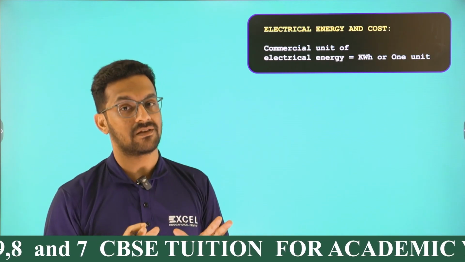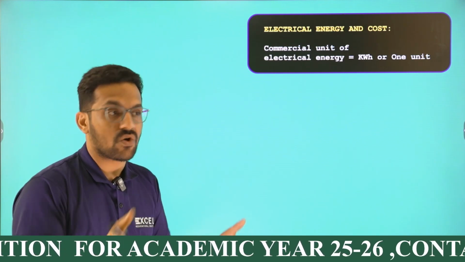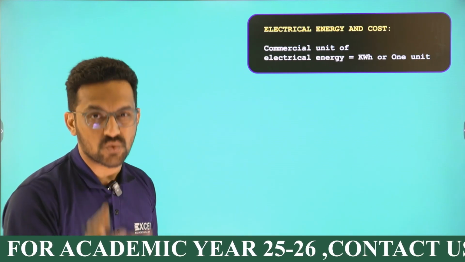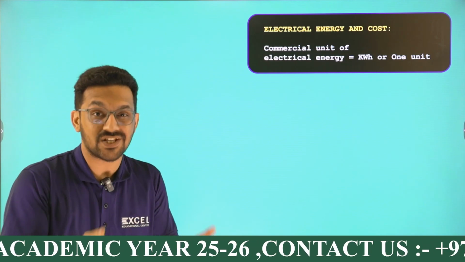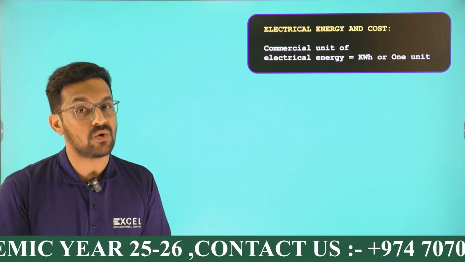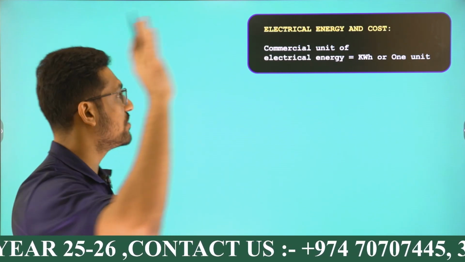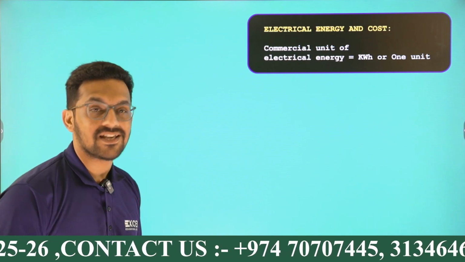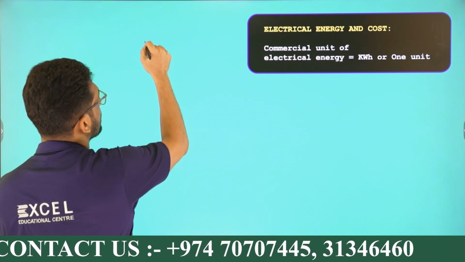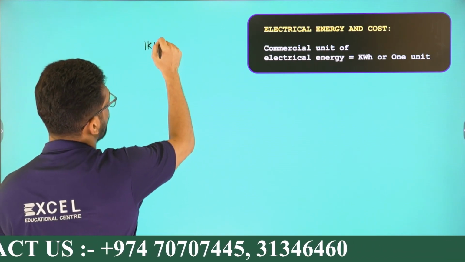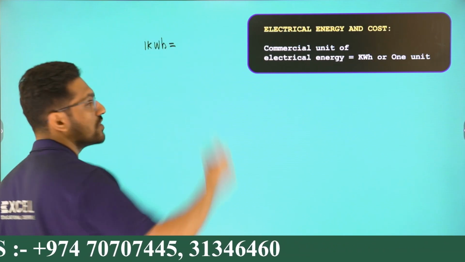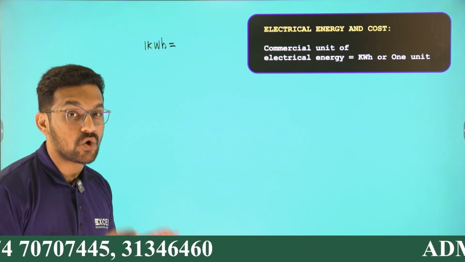They are billing us for the energy we are consuming. The SI unit of energy is joule. If we state that in joule, it will be a huge value. So we need a commercial unit for electrical energy, that is kilowatt hour.